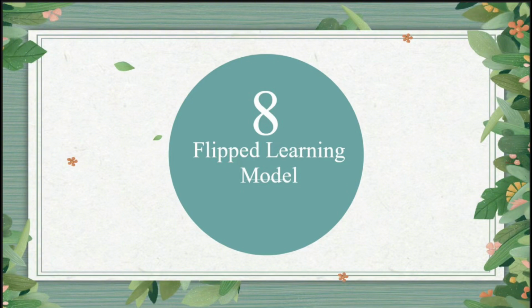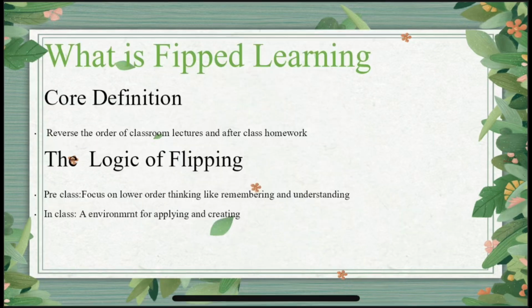The 8th part of this section is the flipped learning model. We should know what flipped learning is. The core definition of flipped learning is to reverse the order of classroom lectures and after-classroom homework, transforming the classroom time into a dynamic, interactive environment for collaborative learning.